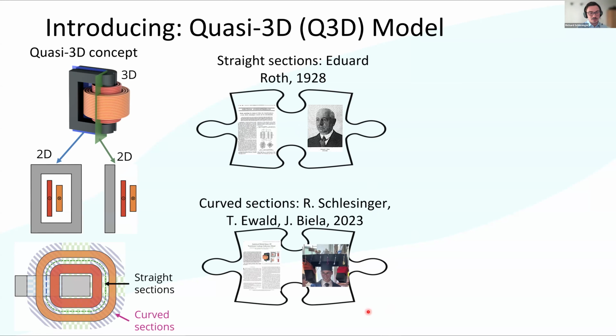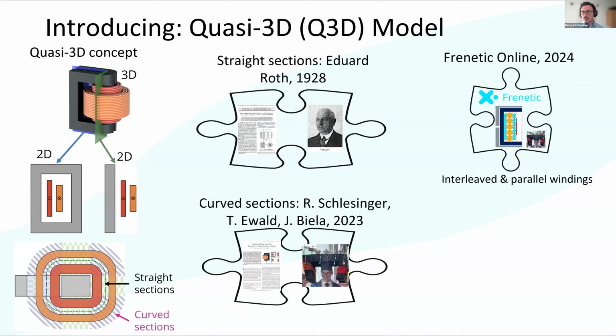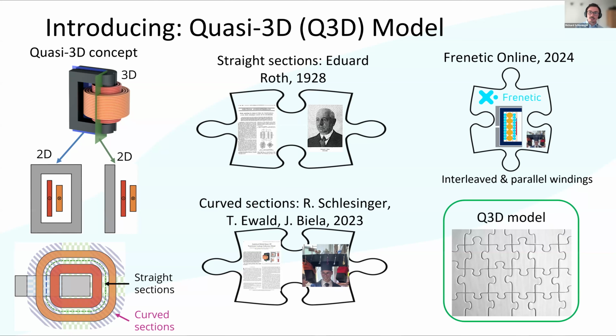For curved winding sections, we use a model that I derived in my PhD. And today in 2024, we extended this to interleaved and parallel windings because they are very relevant for industry. They are very needed, and this is why we made this adaptation. In the end, if we puzzle those pieces together, we get the Quasi 3D leakage inductance model.